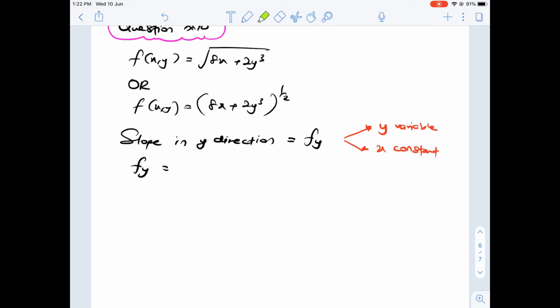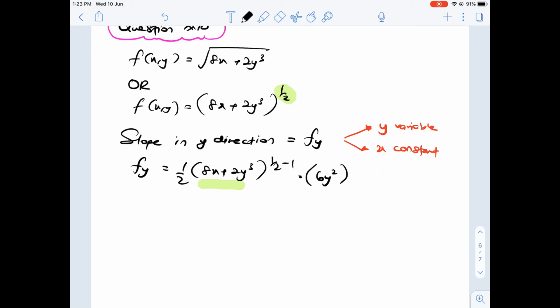The power here should be brought to the front. So we have 1 over 2, 8x plus 2y cubed to the power of half minus 1. And then multiply with the derivative inside this bracket with respect to y. Differentiating 8x becomes 0 because 8x is just a constant. But if we differentiate 2y cubed with respect to y, we have 3 times 2y squared, we get 6y squared.